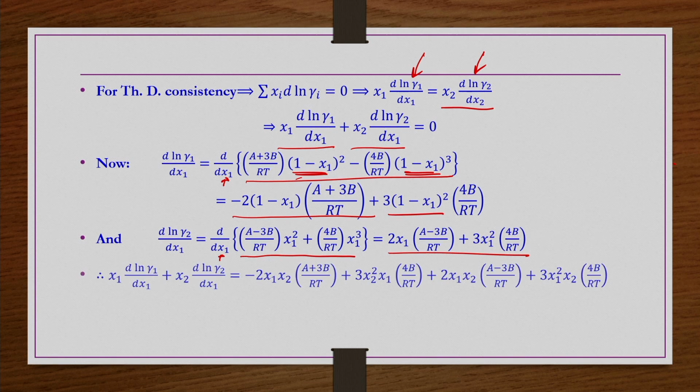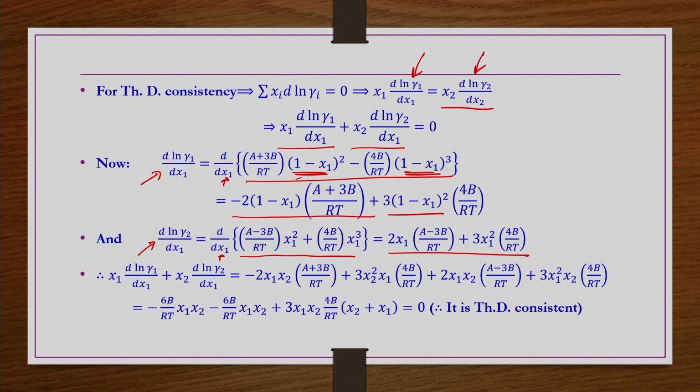Now, if you have x1 d ln gamma 1 by dx1 plus x2 d ln gamma 2 by dx1, that means you multiply this one by x1 and this one by x2 and then simplify, then you have these terms. From these two terms we have minus 6b by RT x1 x2 remaining. From this term you have a minus 6b x1 x2 by RT, and then from these two terms, if you take 3 x1 x2 as common, then 3 x1 x2 multiplied by x1 plus x2 multiplied by 4b by RT is there.